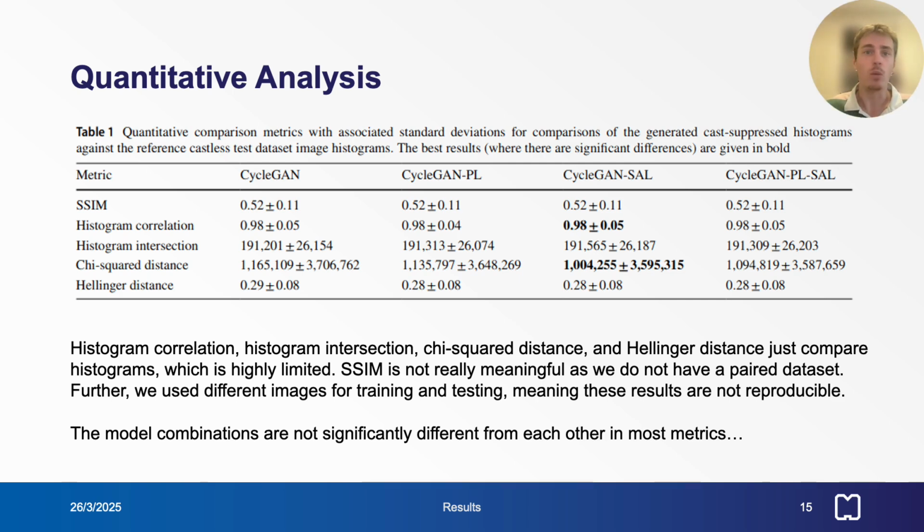And further, we use different images for training and testing as in the first study, meaning that these results are not really reproducible. And finally, the model combinations are not significantly different from each other in most metrics. So we essentially found that these quantitative metrics are not particularly useful.